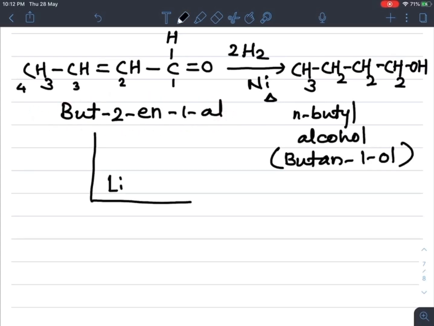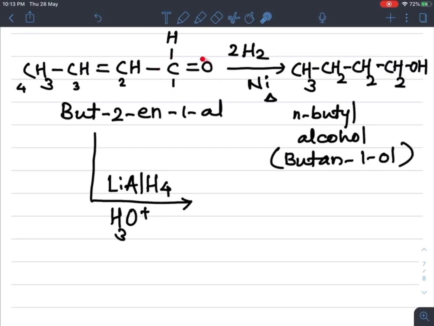If we use LiAlH4, lithium aluminum hydride, followed by H3O plus as a reducing agent, the speciality of LiAlH4 is that unsaturation remains as it is. The alkene group remains as it is; it only reduces the carbonyl group, meaning it reduces this carbon and oxygen.